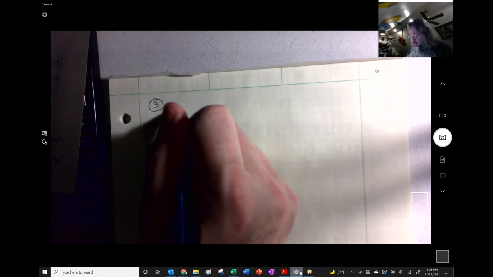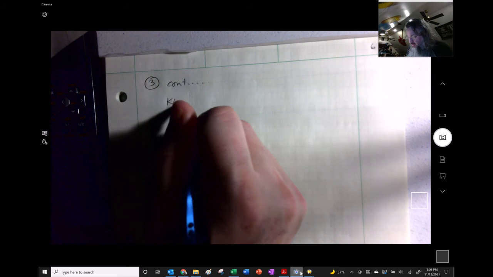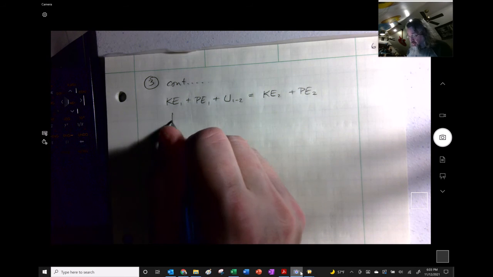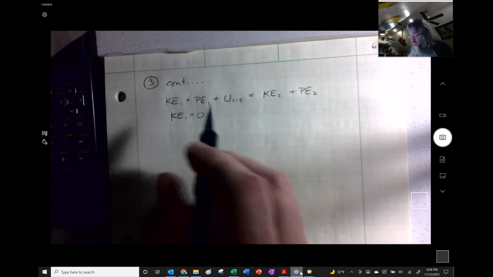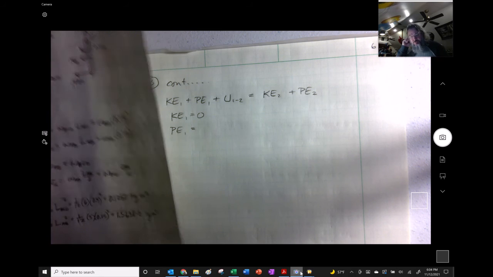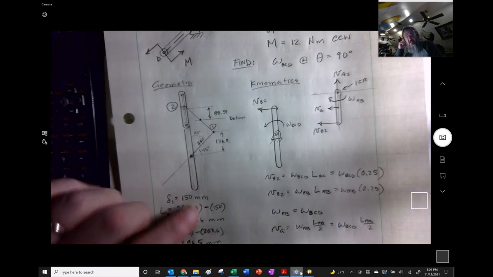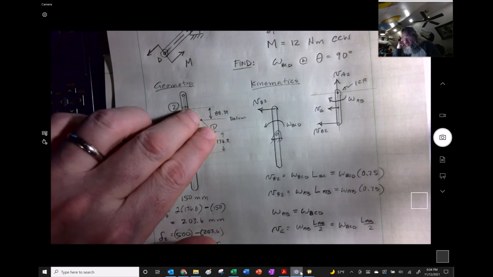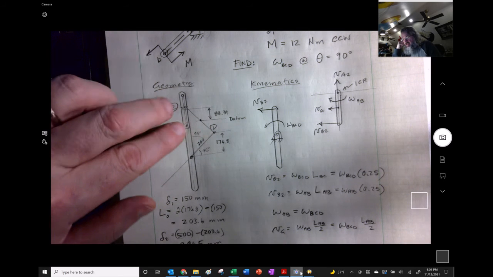So this is problem 3, continued. I want to have KE1 plus PE1 plus U1 to 2 equal to KE2 plus PE2. Starts from rest, that's good. For PE1, we're going to start here with the datum, because this one moves position, so its center of gravity is higher at state 2.